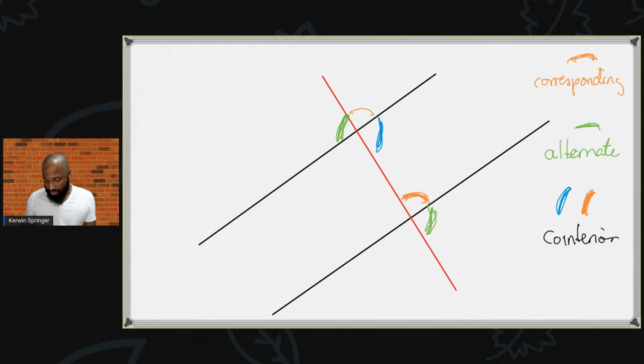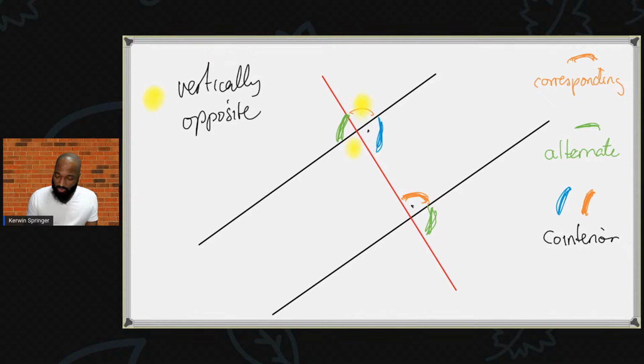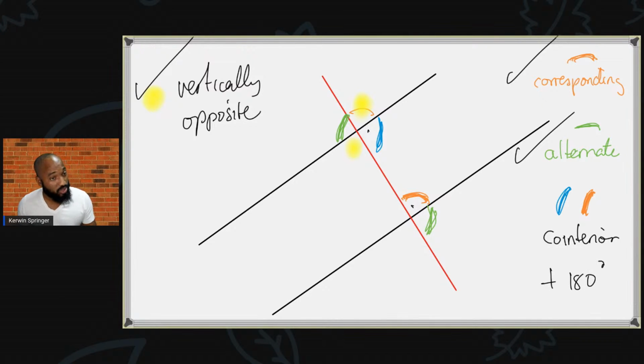So this angle and this angle, when you add that up, you must get 180 degrees. What else am I missing? I'm missing this. If I have these 2 angles here, we call those vertically opposite. And they are the same. So corresponding angles are equal, alternate angles are equal, vertically opposite angles are equal, and co-interior angles add up to 180 degrees. That's the rules in a nutshell there.